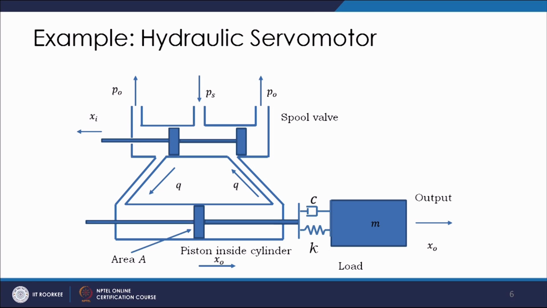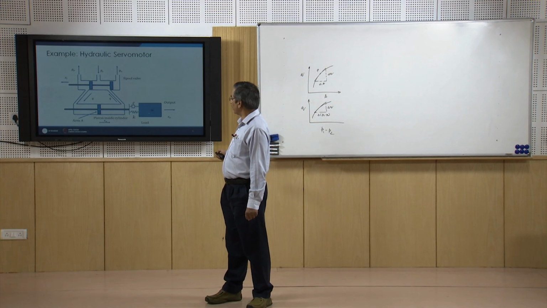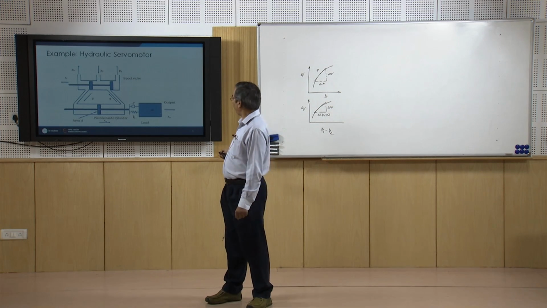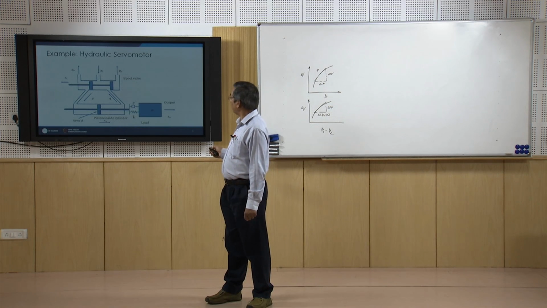So, you can see that there is a mass, say M, and there is damping present, represented by C, and there is a certain stiffness, represented by K. Okay. So, this whole spring mass damper system basically represents the mechanical part of it, and here we have the hydraulic part. Okay. So, this we call the spool valve. And of course, as I said, this is our load and the output is basically this XO.